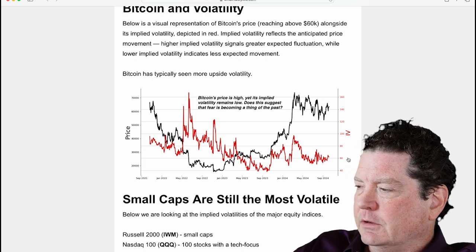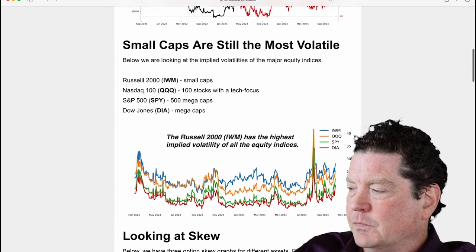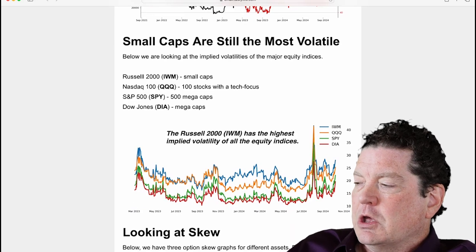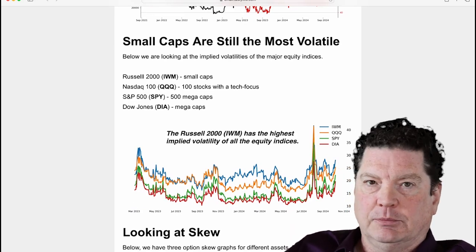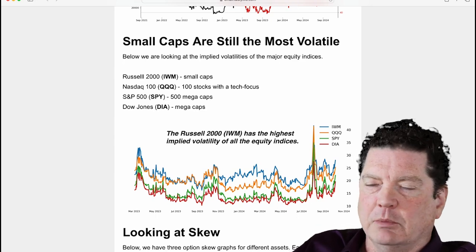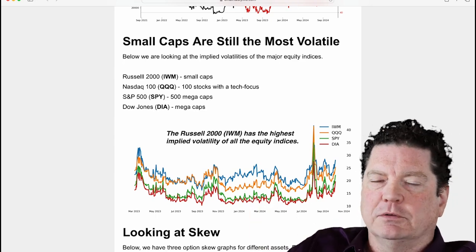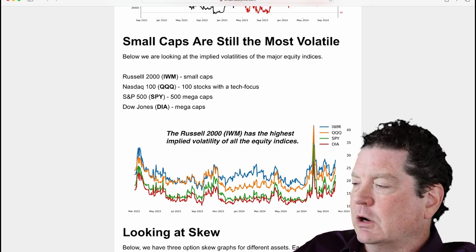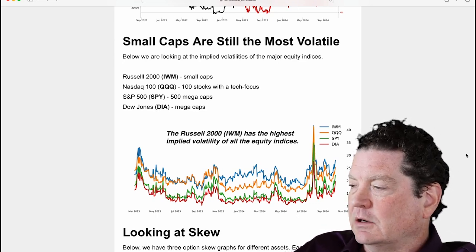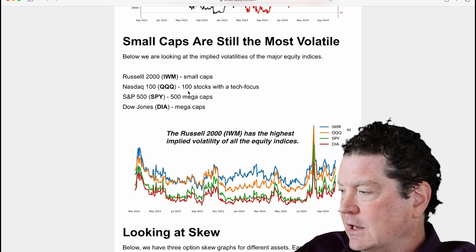Let's look at some of the individual products, the ETFs that are the most volatile. One of the things is small cap stocks tend to be more volatile than big cap stocks. These little companies that are maybe worth only $1 billion are more volatile than something like Apple. So the small cap stocks in the Russell 2000, the IWM, tend to be more volatile than the Qs, SPYs, and DIA.